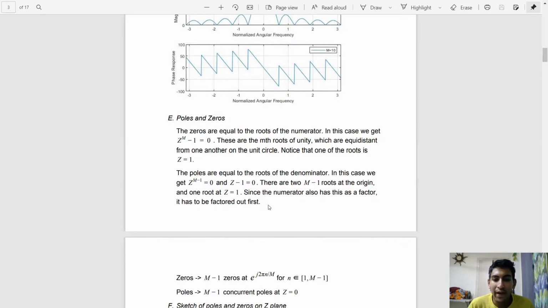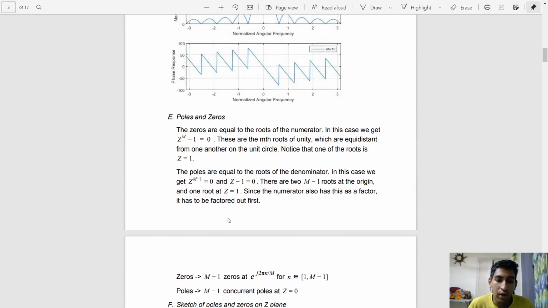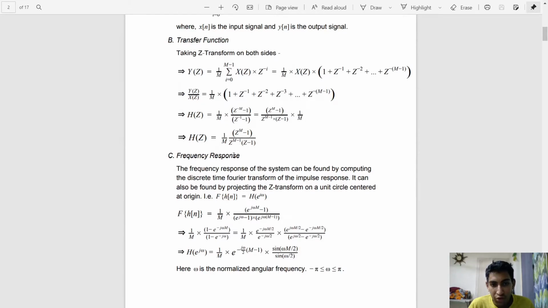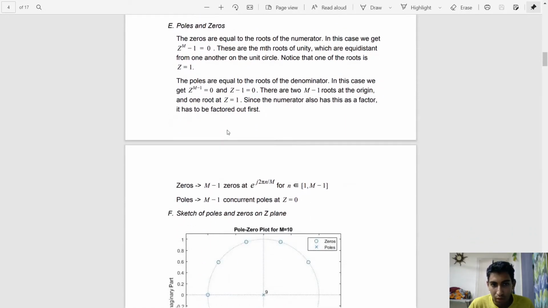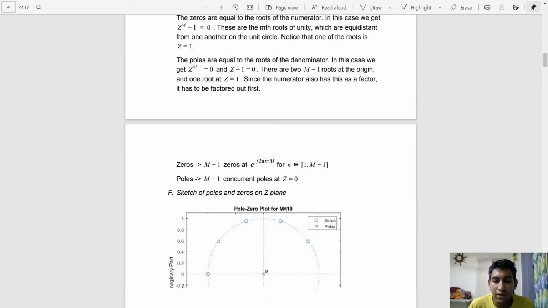So ultimately we get m minus 1 roots on the unit circle equidistant from each other except at z equal to 1. And from the transfer function again we can see that it has z raised to power m minus 1 in the denominator, which says that there are m minus 1 concurrent poles at the origin, which we can see here. So we can summarize by writing it like this: we have m minus 1 zeros at these positions, and we have m minus 1 concurrent poles at z equal to 0.